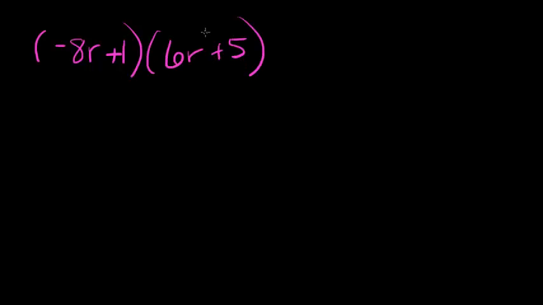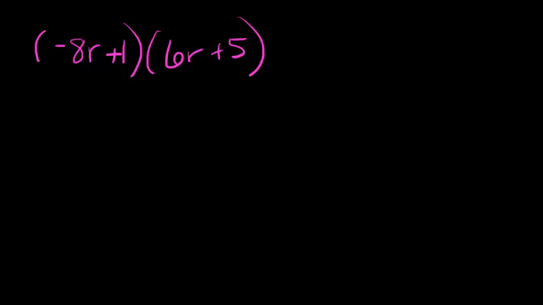Alright, we have negative 8r plus 1 times 6r plus 5. Now, remember what this means. We have to multiply the terms inside this parenthesis times the terms inside this parenthesis.